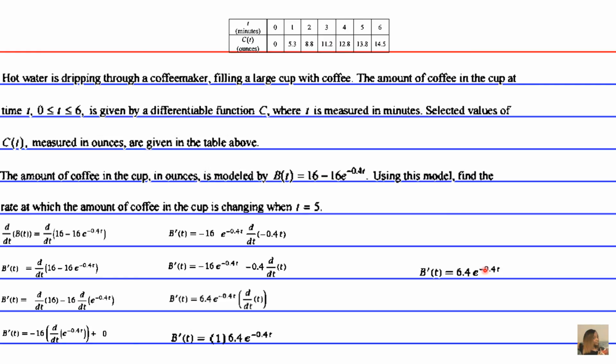And when we go ahead and do that, we're going to end up with a value of 0.866146 ounces per minute, okay? So that's our rate of change.